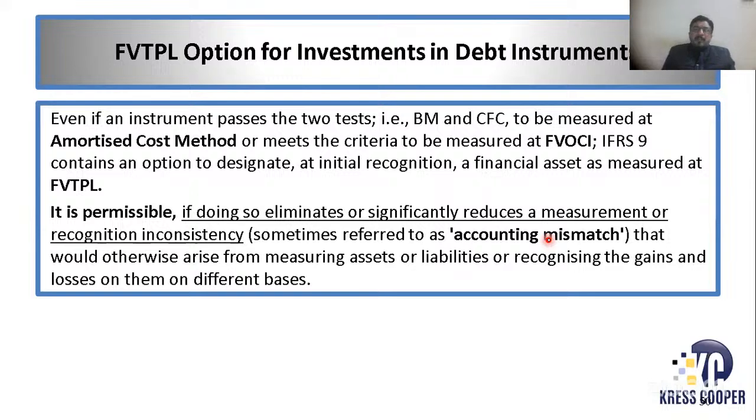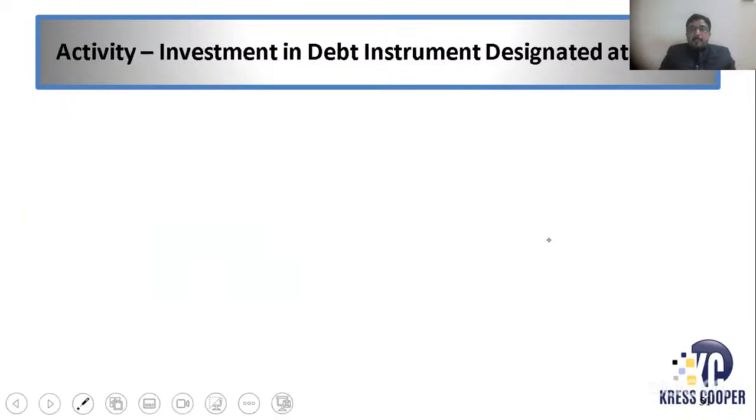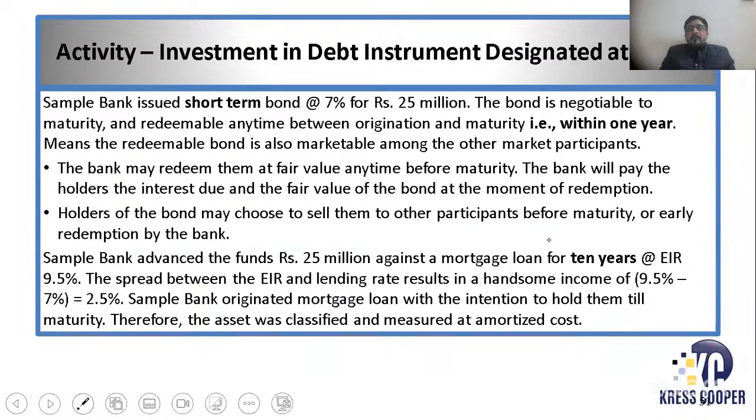What happens, in fact, you have taken a loan, which is a short-term loan, and which is a marketable loan. Based on that scenario, you measure this liability at fair value through profit and loss. And such loan you are using for an investment which fulfills all the criteria to be measured at fair value through OCI or amortized cost method. But you see, there would be a remeasurement inconsistency.